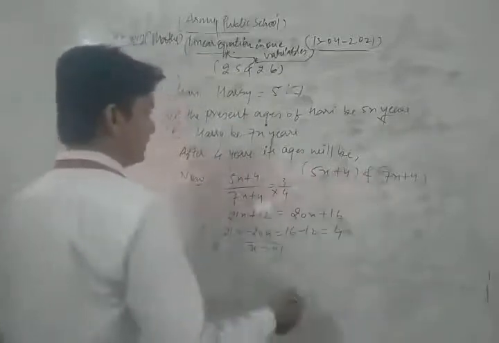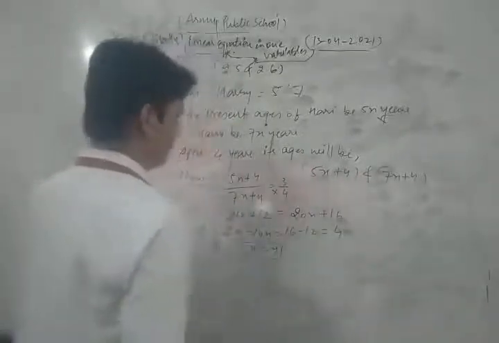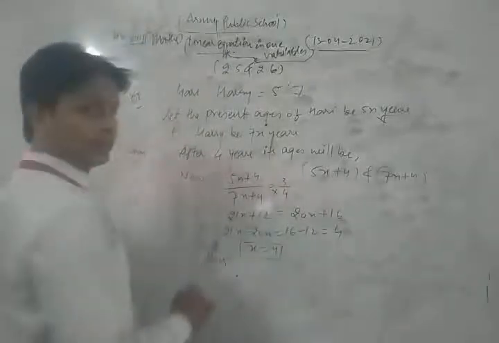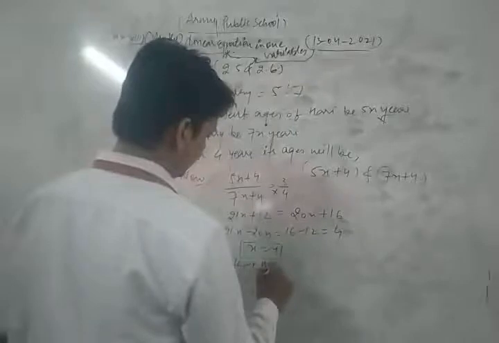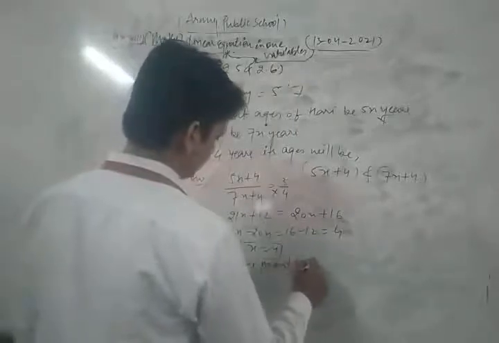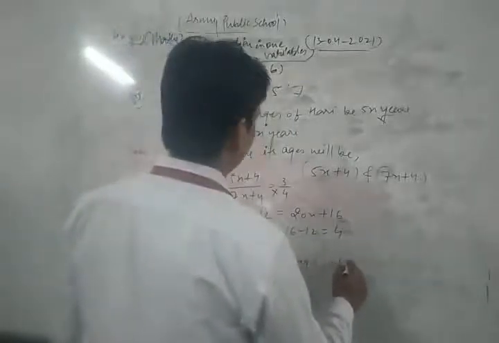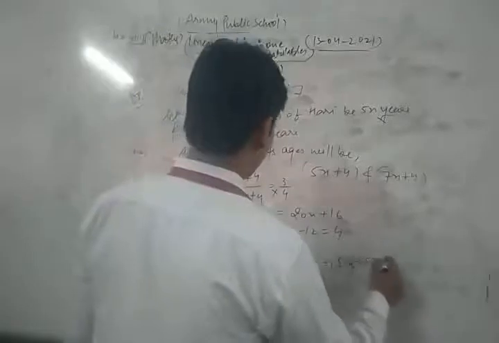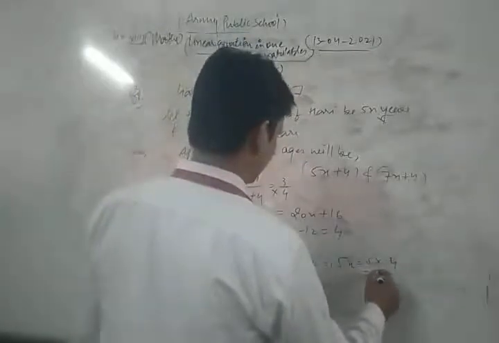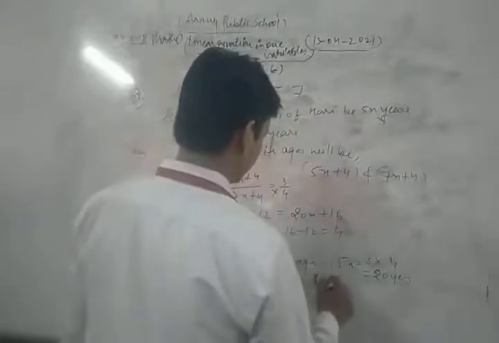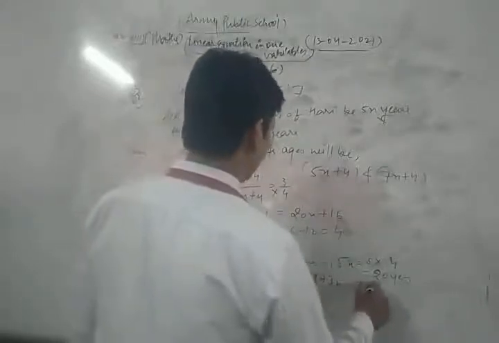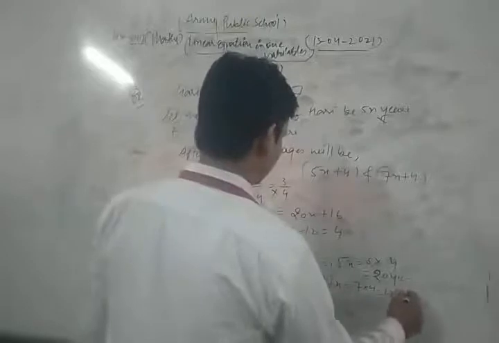Thus their present ages will be what? Thus present ages are 5x, means 5 into 4, this is 20 years, and 7x, which is 7 into 4, means 28 years. This is the required solution.